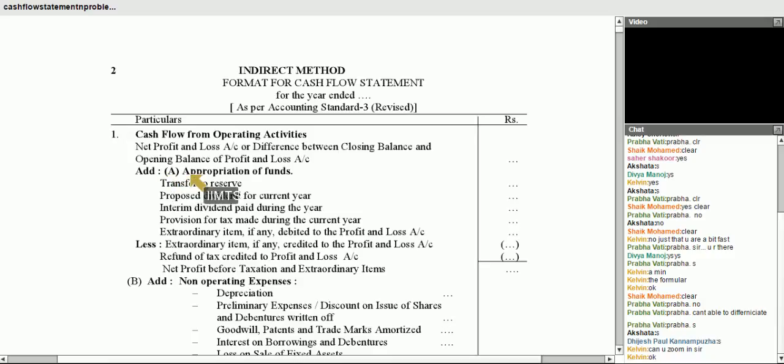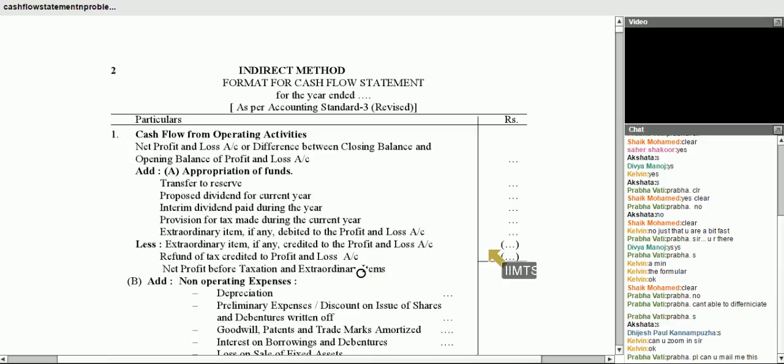So we can add what all things we can add over here: transfer to reserve, proposed dividend for the current year, interim dividend paid during the year, provision for tax made during the current year, extraordinary item if any debited to the profit and loss account, and here we can less, means subtract, extraordinary item if any credited to the profit and loss account, refund of tax credited to profit and loss account, net profit before taxation and extraordinary items.